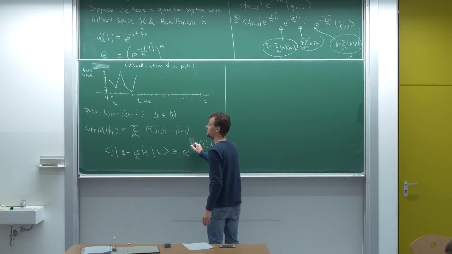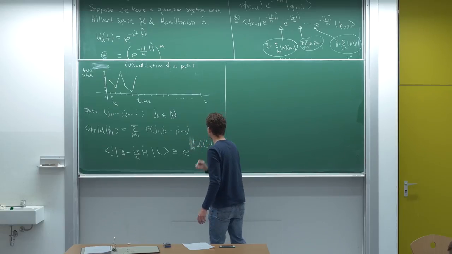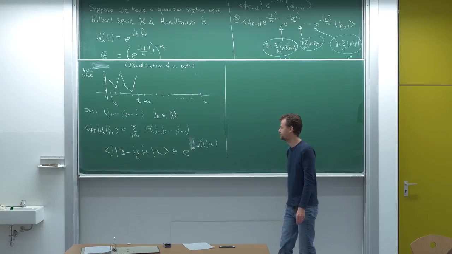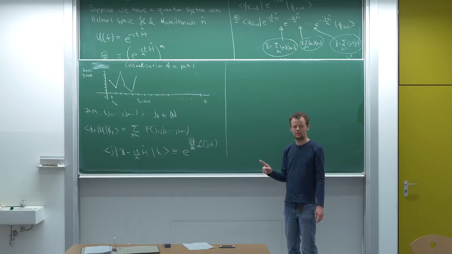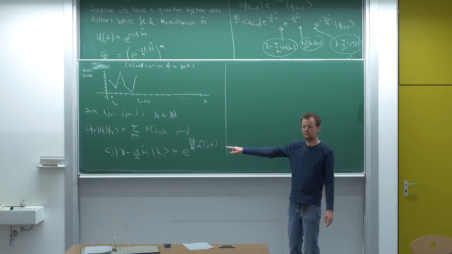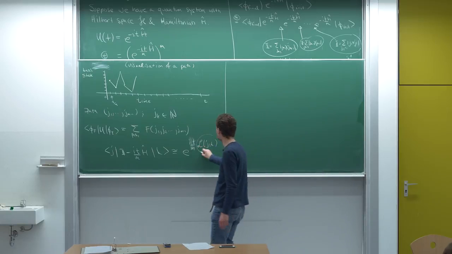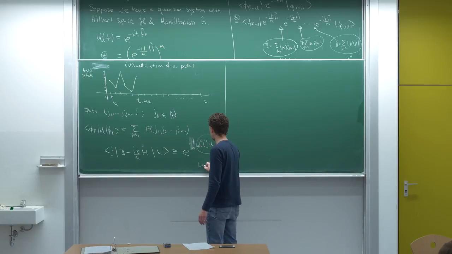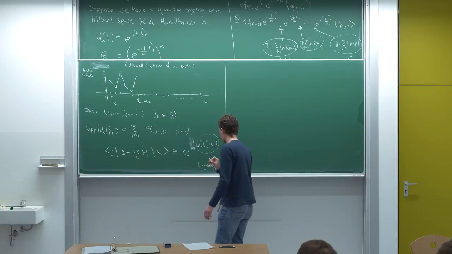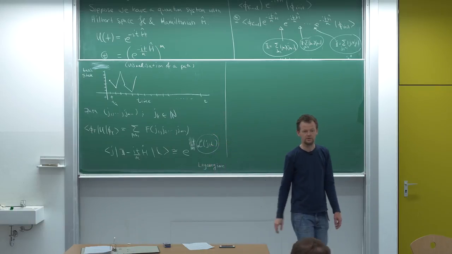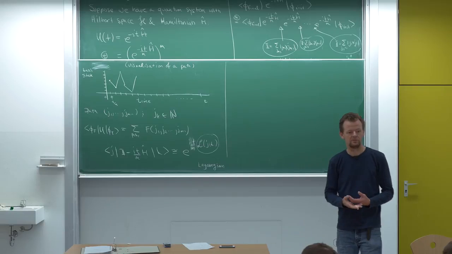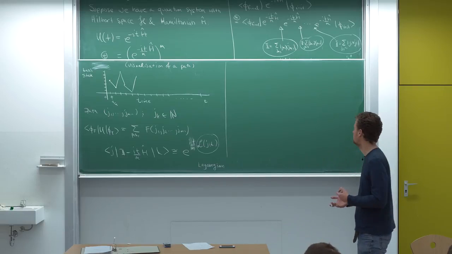Let me think. No, that was correct, sorry. Now we're going to identify this L in a moment. This is going to correspond to something called the Lagrangian, which is really the interesting observation here.